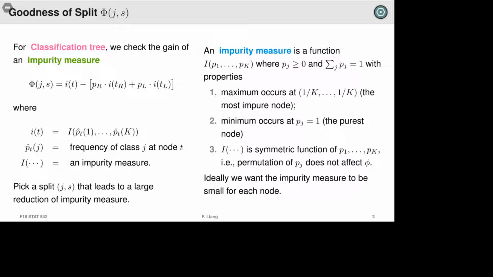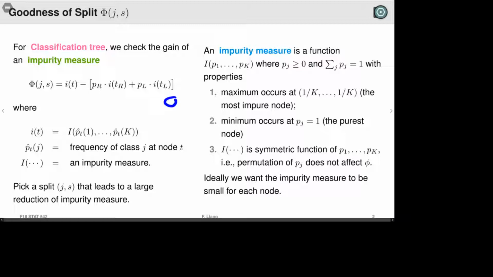So if we do a split, again, we have our node T, and we split into left node and the right node. Again, we could have 20 observations, and we have 15 on the left and 5 on the right.